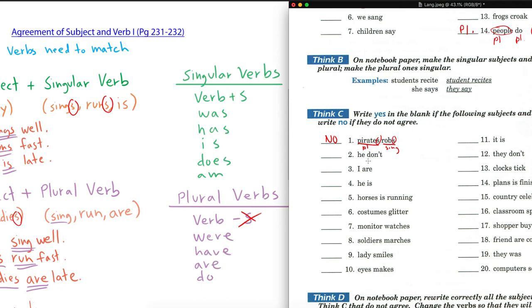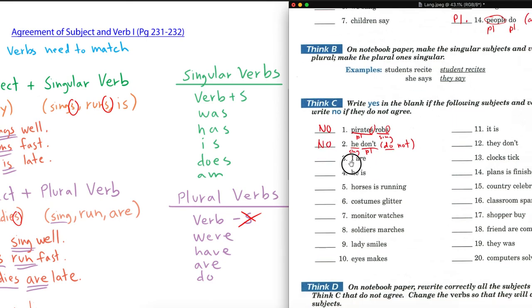Okay, let's do another one. "He and he don't." So "he" is a singular subject, and "don't," if you remember, is "do not," right? And "do," if you look at my list here, is a plural verb. So I have a singular subject matched with a plural verb. So this is also no, right?